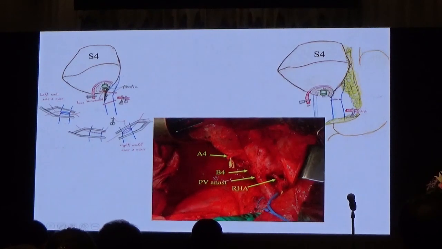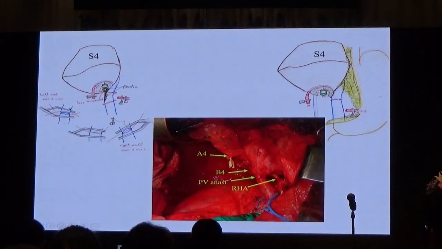After dividing the right portal vein at the hepatic portal bifurcation, the right liver could be removed. And here you see, because of the very close division line of the right portal vein, after removing the liver, I decided to dissect and reconstruct the portal bifurcation, and end-to-end anastomosis was carried out here.